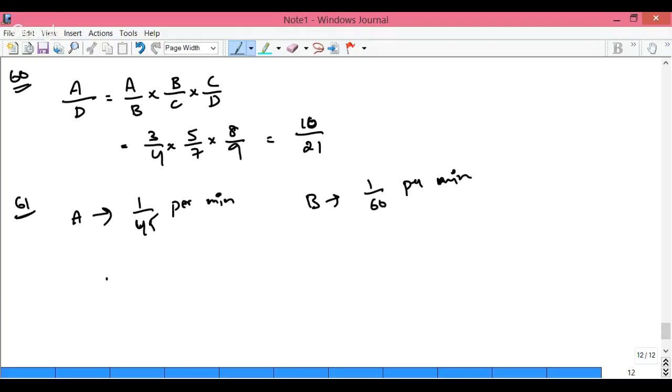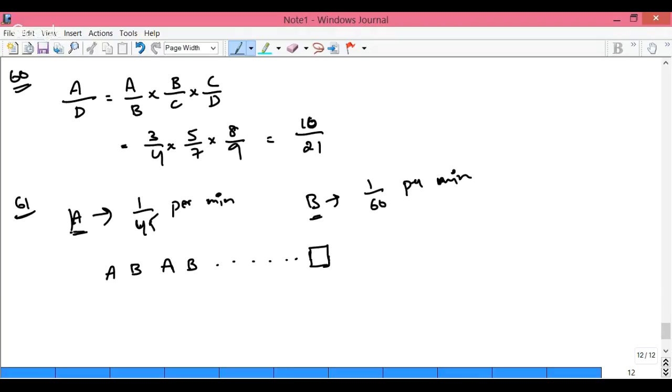Now, A works for 1 minute, then B works for 1 minute, and again A works for 1 minute, and again B works for 1 minute. So this will go on. What will be the last work, whether it is A or B?